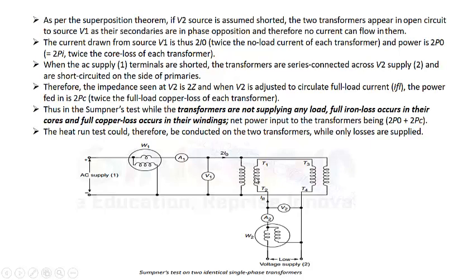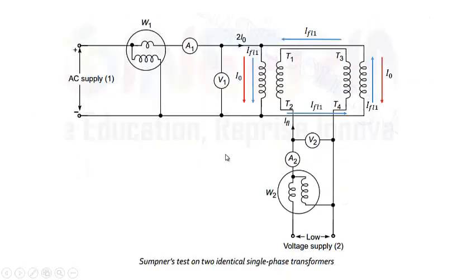But here, since there are two primaries, the current supplied from this source will be equal to twice I0. One I0 will flow through this, as shown in this diagram in red.